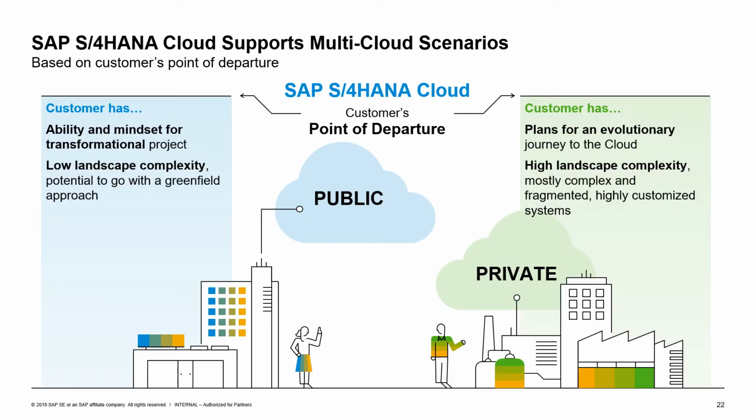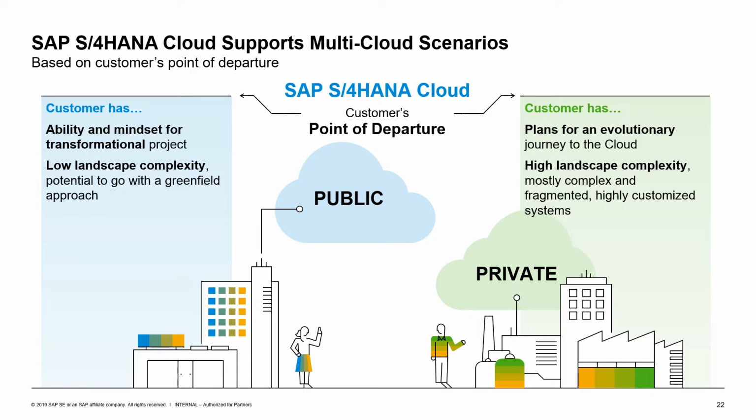Now that we've taken a look at the Rise with SAP offer, let's now dig in to the S4HANA Cloud components of that offer. So SAP S4HANA Cloud supports multi-cloud scenarios. Based on your customer's point of departure and their level of complexity, we have a couple of paths that they can take.